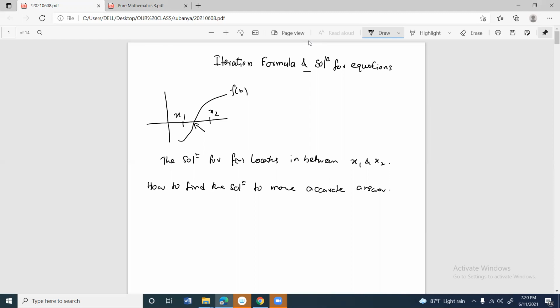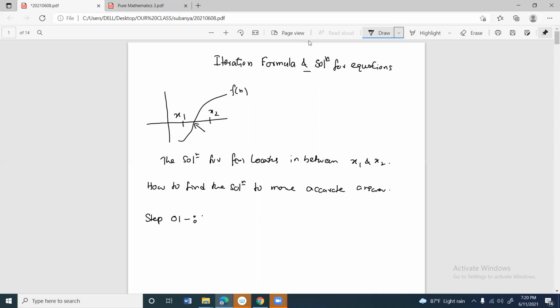Sometimes certain methods take many steps to get the correct answer, and sometimes you can't get the exact solution because it just oscillates. Because of that, we use different numerical methods, but in our curriculum we learn only one method, the iteration formula.